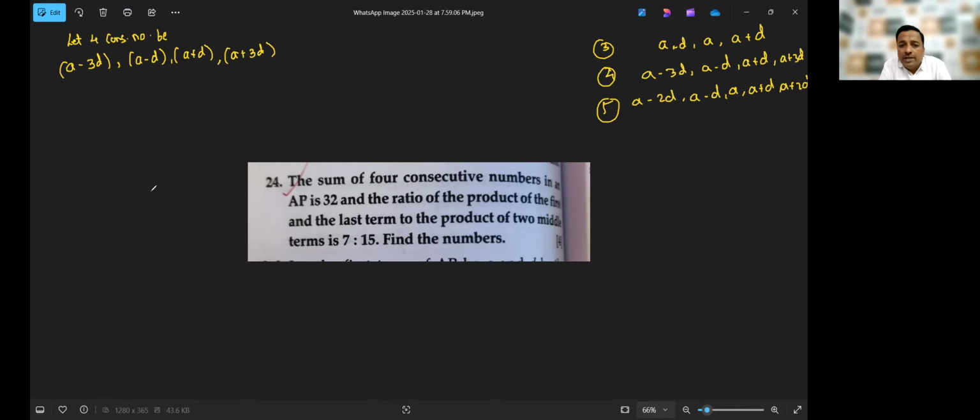The first condition is that sum of these terms is 32. a minus 3d plus a minus d plus a plus d plus a plus 3d, इसका sum है 32. Then 3d cancel, d cancel. So we have 4a is equal to 32. 4 goes that side, it divides. 4 जा 8 जा, a की value आ चुकी है 8.